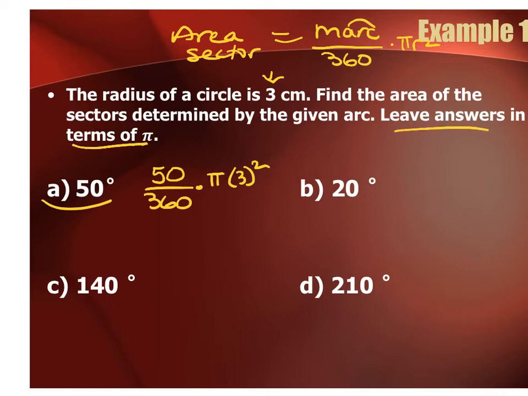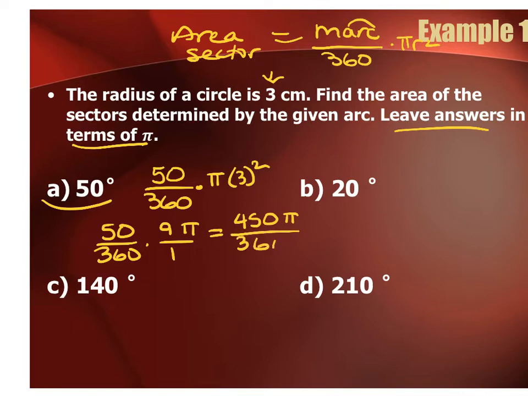So what the other class found was they would rather do 50 over 360 and then square the 3. And now you could put a 1 under this if you want. So what they wanted to do was multiply 50 times 9, get 450 pi over 360.